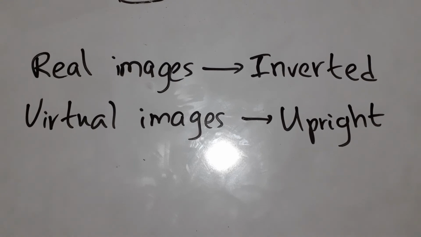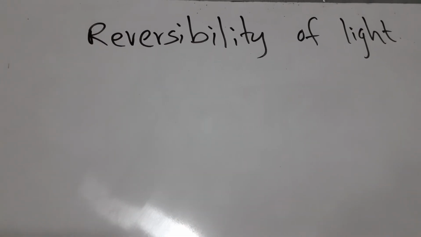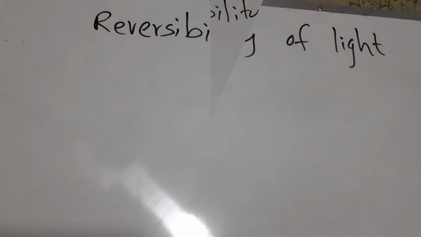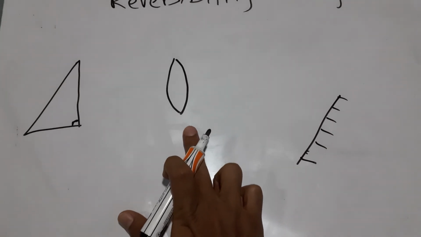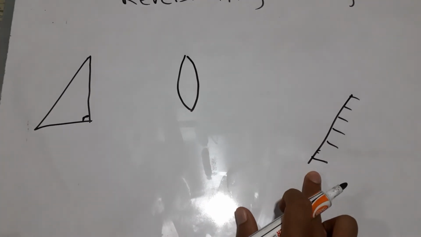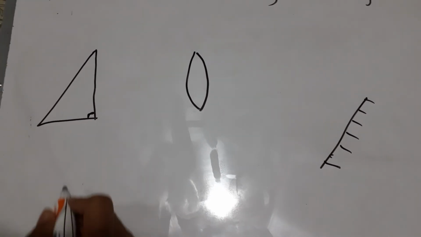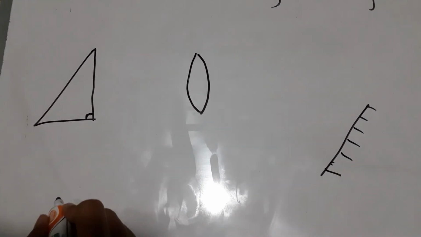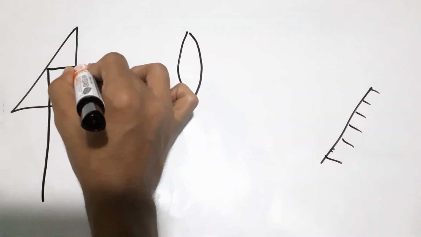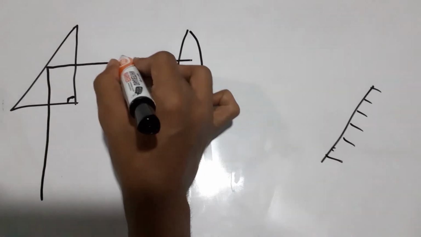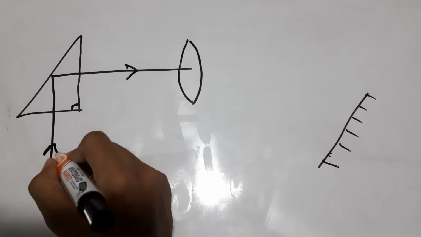Also, consider the reversibility of light. As you can see here, I have a prism, a convex lens and a mirror. If I send a light ray perpendicular to this prism, what will happen? As you learned earlier in refraction of light, it will get totally internally reflected and move like this.